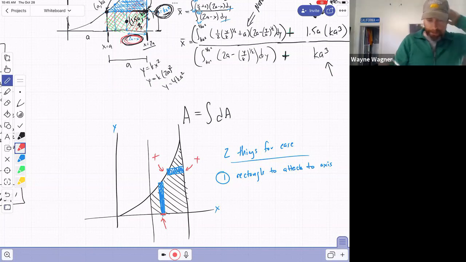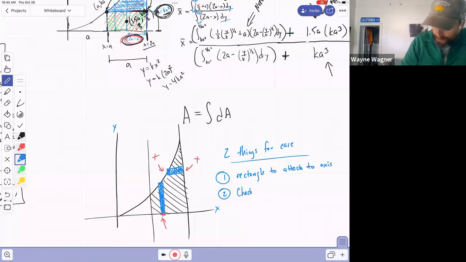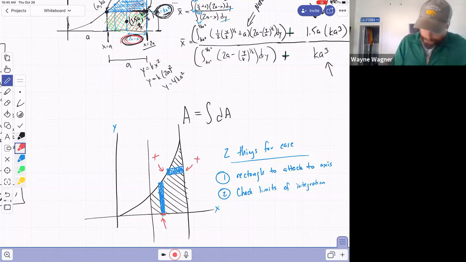The other thing that will make your life easier is that you need to, I don't really know another way to put this, but check your limits of integration. Like this vertical box, they go from here to here, and notice that it's always defined the same way.